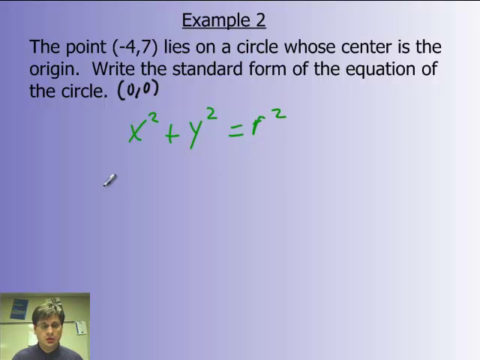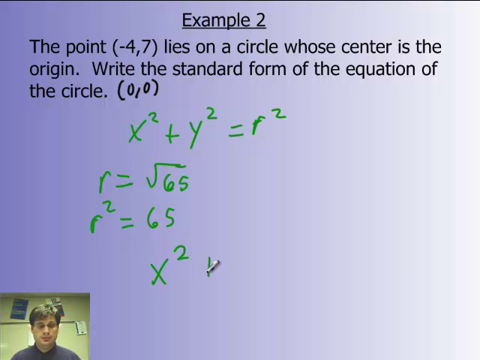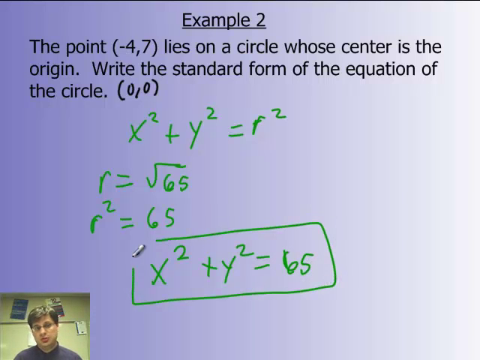And since we know that r is equal to the square root of 65, r squared is simply going to be 65. So the equation is x squared plus y squared equals 65. And that's going to be the equation of our circle that goes through the point -4, 7.